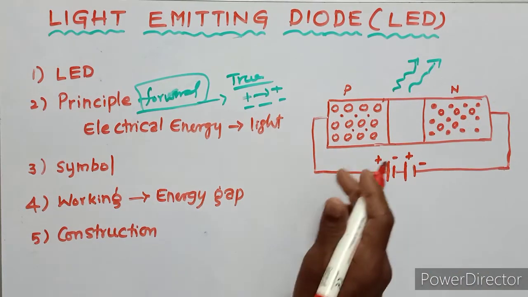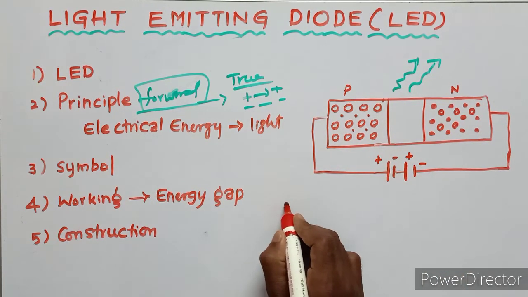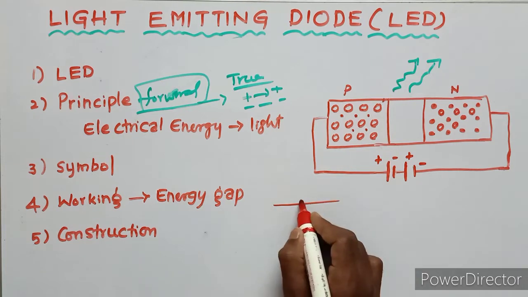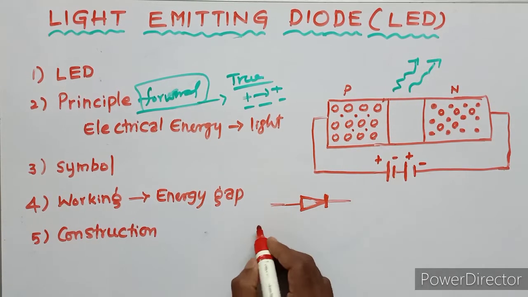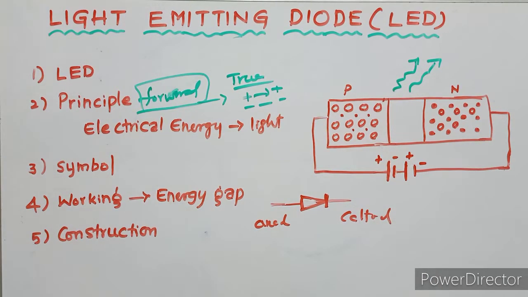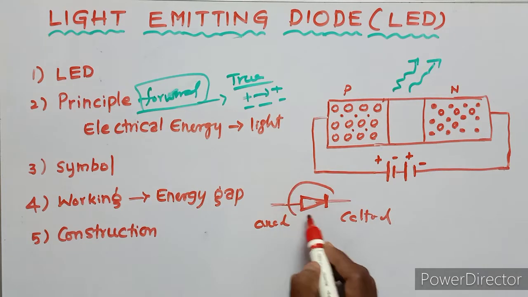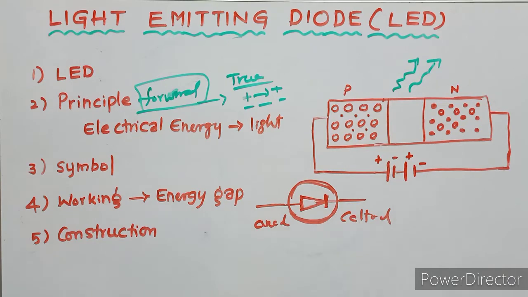Okay, what is the symbol of LED? Generally, what is the symbol of a diode? This is the symbol of a diode. Anode, cathode. Okay, this is the symbol of a diode. But what is the symbol of a light emitting diode? This is the only diode.